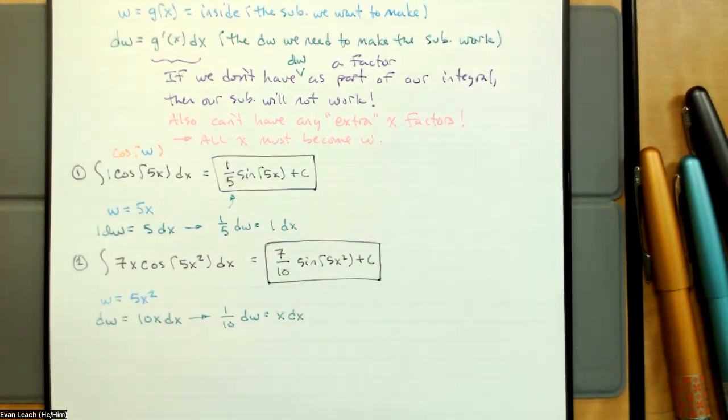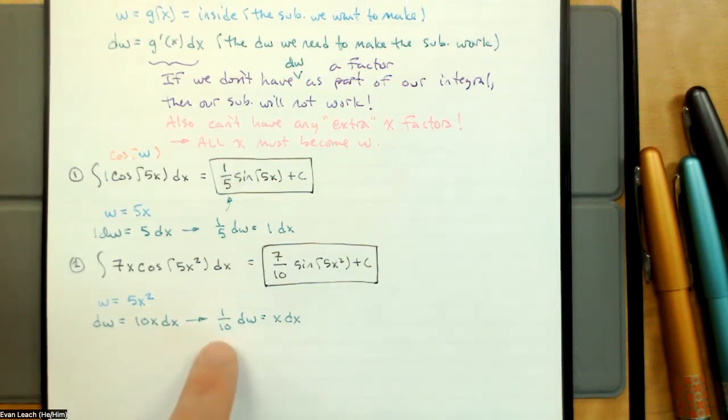The 7 is just a constant factor. If it's hard for you to see, the x dx is what we want, and this 7 is getting in the way. All we have to do is take our recipe down from 10 people, for 1 dw is 10x dx, and figure out how many dw is 7x dx. To get there, we divide by the 10 and multiply by the 7.